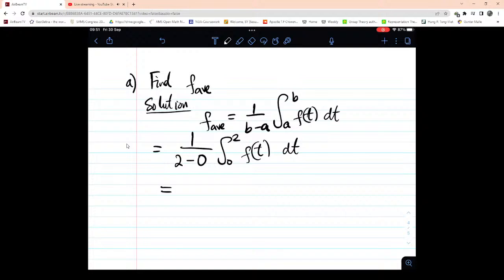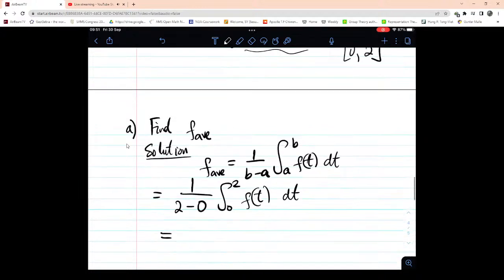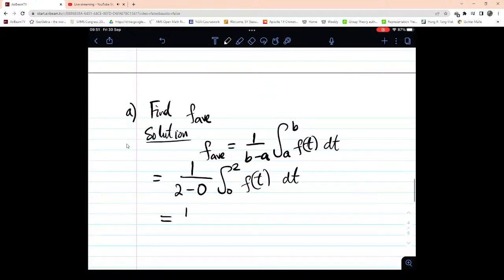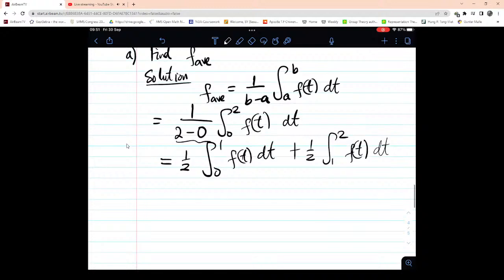And if we look at it, we can see that it's defined in these cases, so we have to separate. So we get a half of the integral from 0 to 1 of f of t dt plus half of the integral from 1 to 2 of f of t dt, like that.